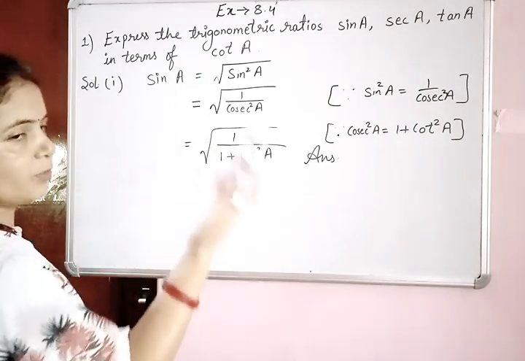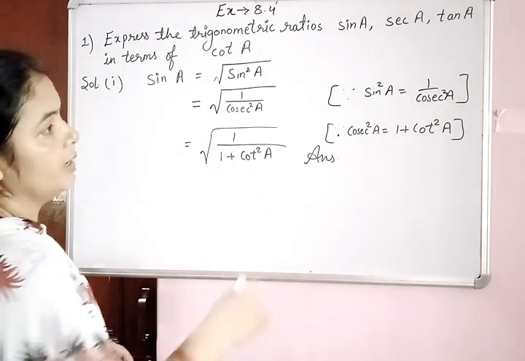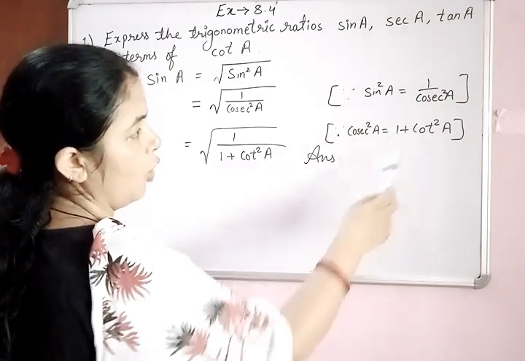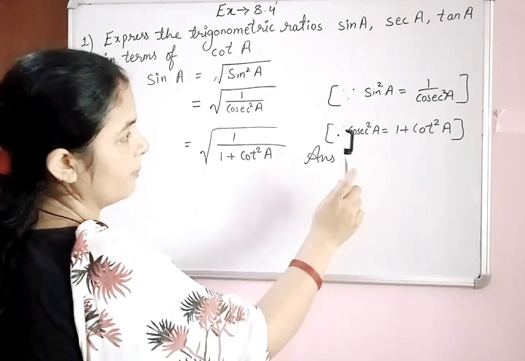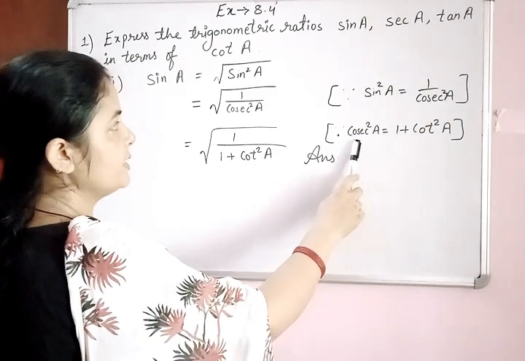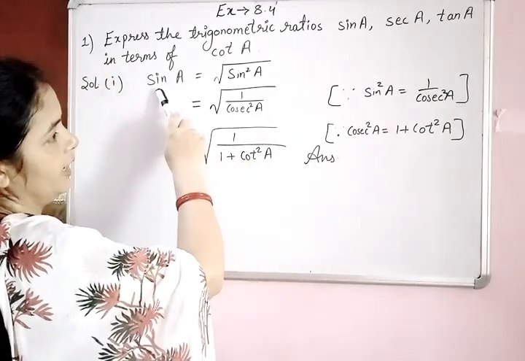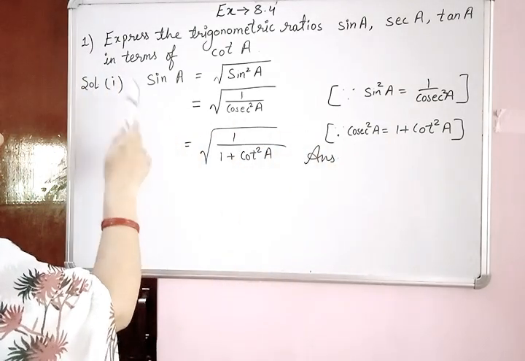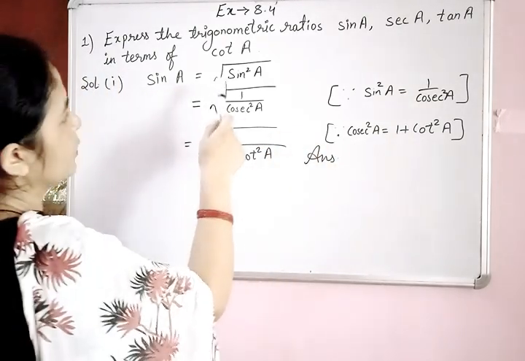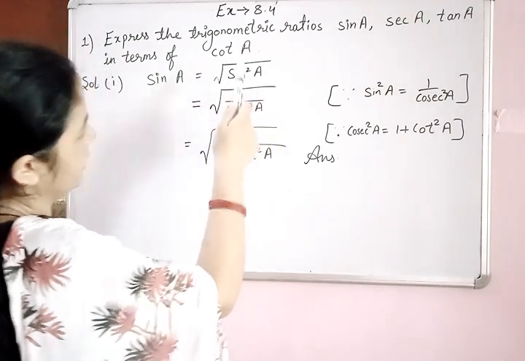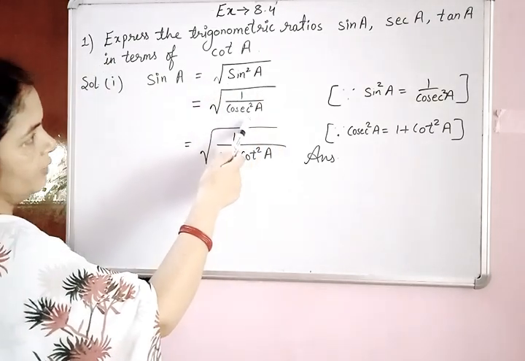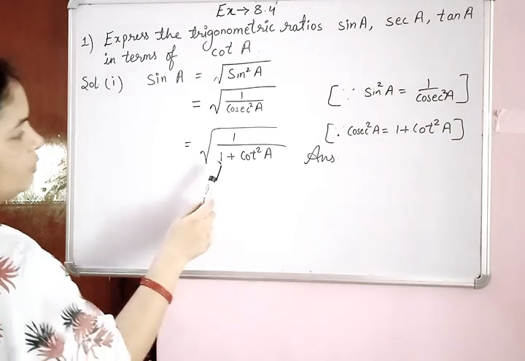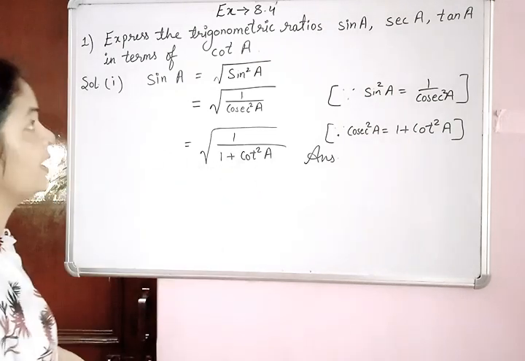We know that sin is the reciprocal of cosec A, or cosec square A is equal to 1 plus cot square A. So how can I get cot? I can get cot by this identity. It means I have to convert sine A in terms of cosec A. So that's why I have sine A equal to under root sine square A. Then in place of sine square A, I can write 1 upon cosec square A, and then in place of cosec square A, I have to write 1 plus cot square A.